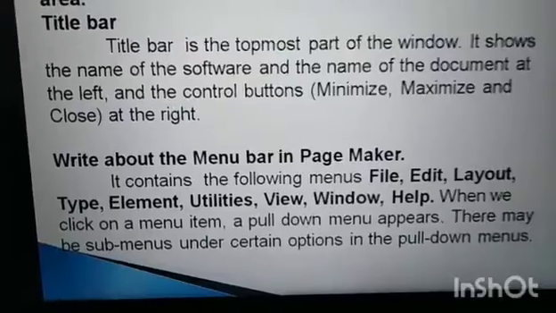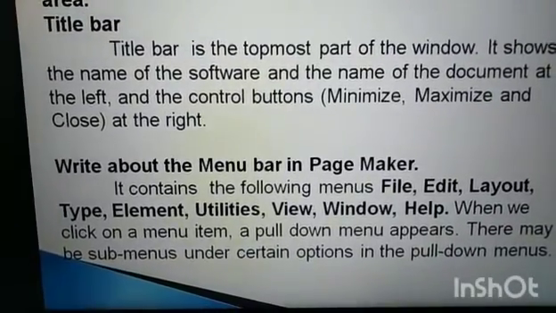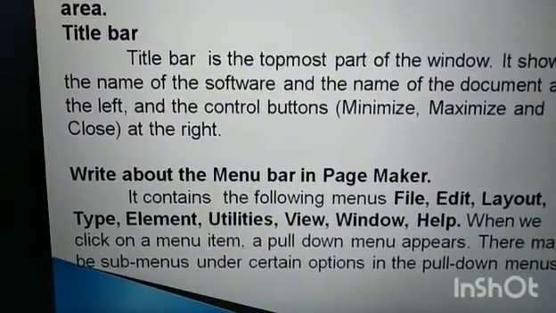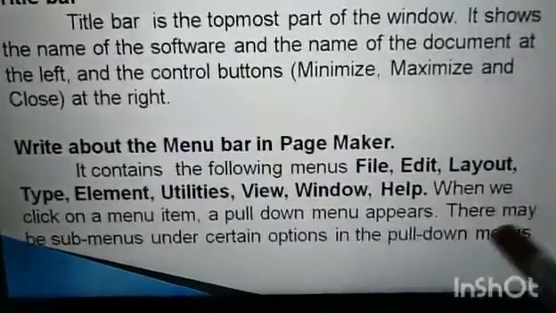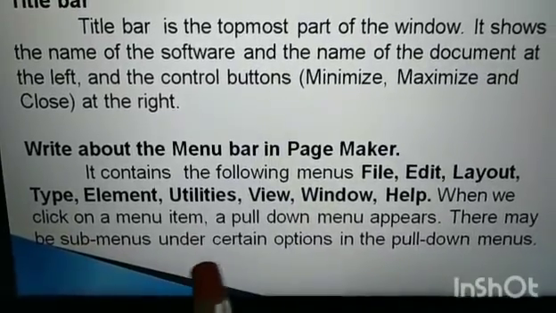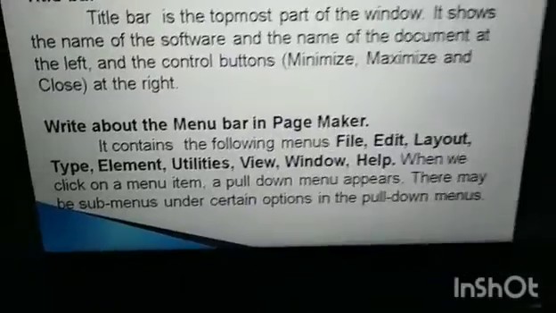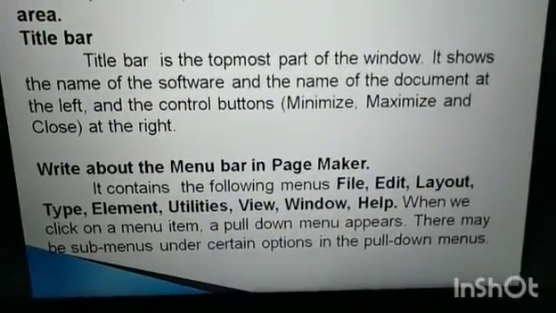There are 9 menus in PageMaker: File, Edit, Layout, Type, Element, Utilities, View, Window and Help. When we click on a menu item, a pull down menu appears. There may be submenus under certain options in the pull down menus. So each menu has submenus.